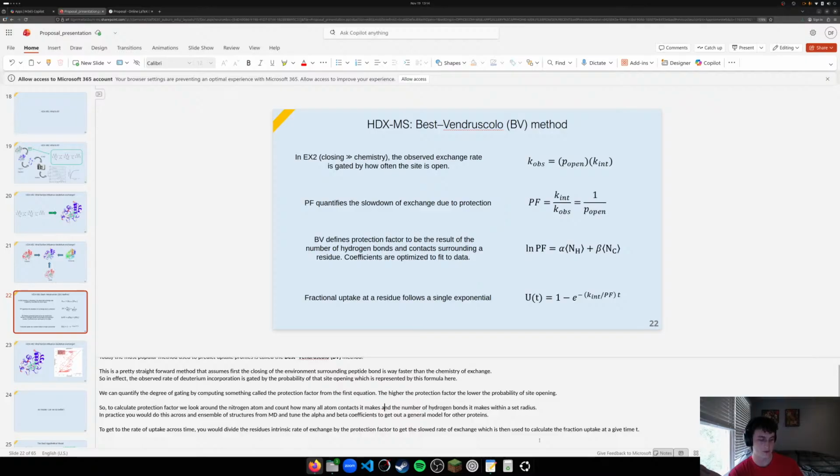That's due to the fact that multiple deuterium can incorporate into that region at one time. Trying to think what else they could ask here.